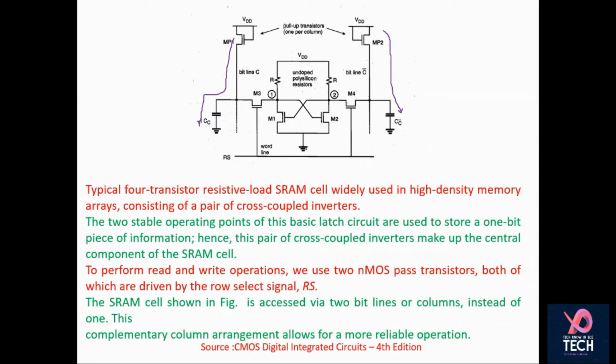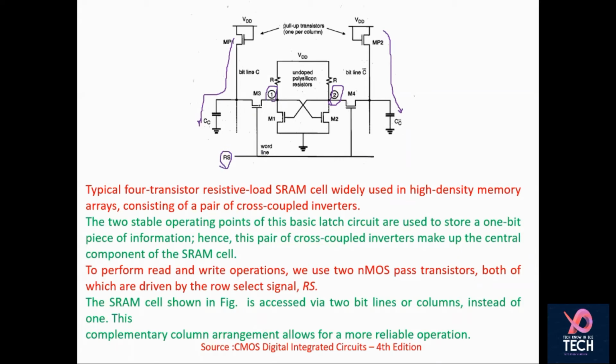So whenever you want to perform any operation related to accessing the contents at node 1 and node 2, you have to activate these lines. This is being provided by your decoder circuitry. So what you have to do is activate this.